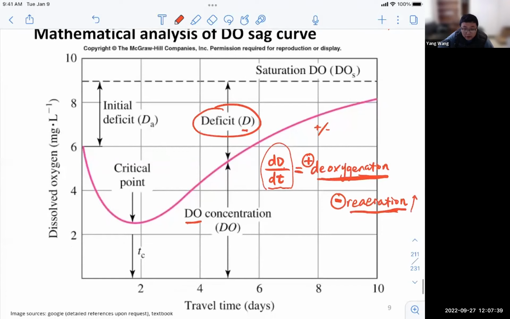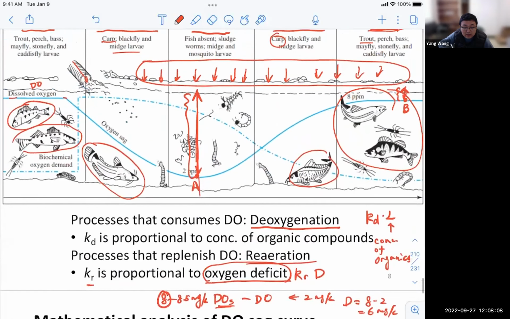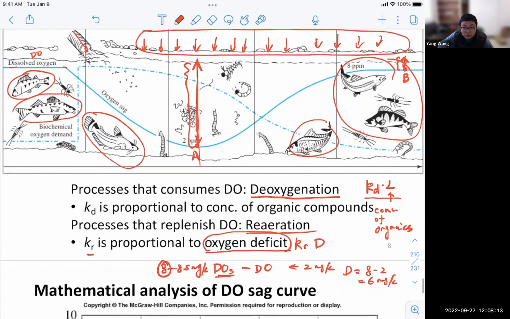So if we try to build up a differential equation, it's dependent on these two terms, the deoxygenation and the reaeration. The symbol in front of the deoxygenation should be positive, and the symbol in front of the reaeration should be negative. Now let's look at the expression for these two terms. The deoxygenation depends on the consumption of the organics, so this rate is dependent on the decomposition rate and the organics concentration.